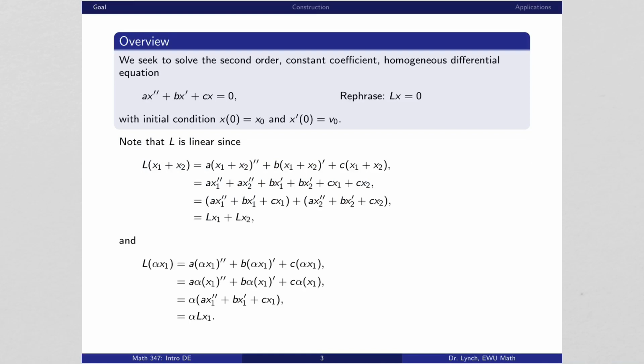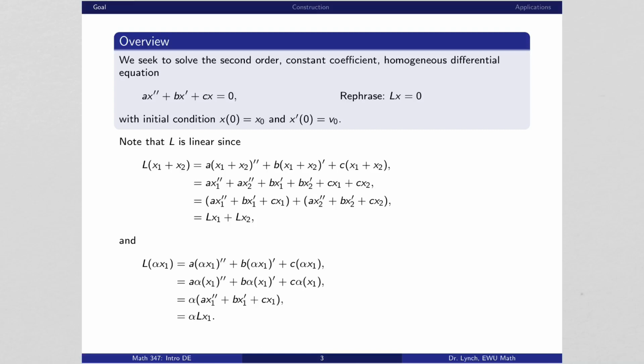Now, this operator is linear because applying it to a sum is the same as applying the operator to the first and the second. So L applied to x1 plus x2 is the same as Lx1 plus Lx2. And similarly, applying L to a constant alpha times x1 is the same as alpha times L applied to x1.